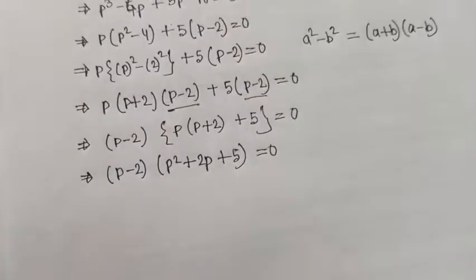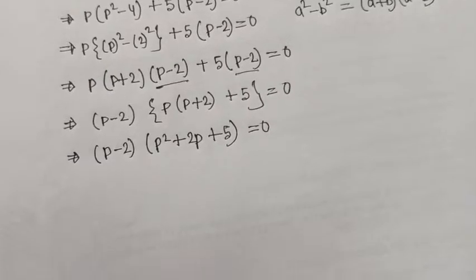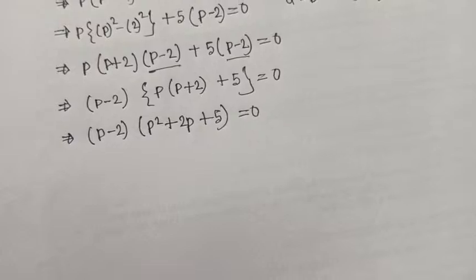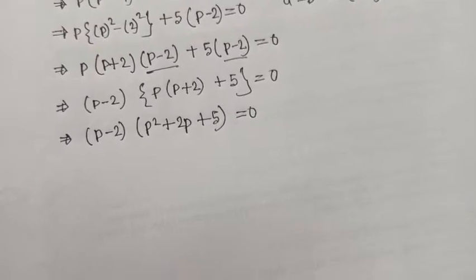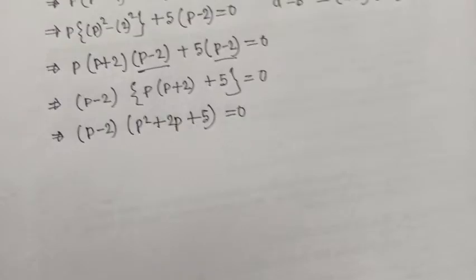Now we are seeing that the product of two expressions is 0. So one expression should be equal to 0 or the other expression should be equal to 0.